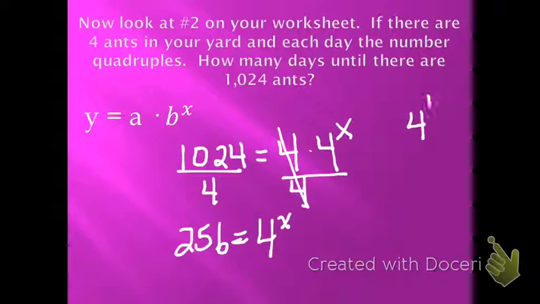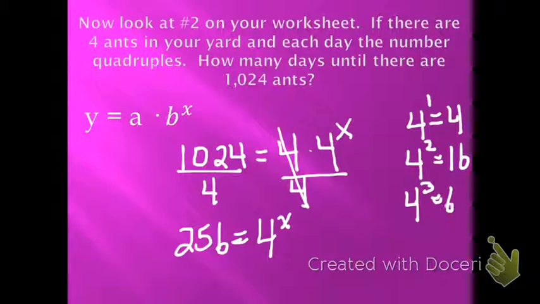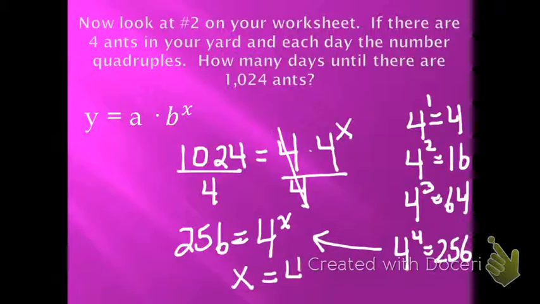If I know 4 to the first power is 4, I can think, well, 4 to the second power is 16. 4 to the third power is 64. 4 to the fourth power is 256, and I've done these on my calculator. Well, there's the 256 that I need, and so x is going to equal 4, and that means 4 days. Yay!